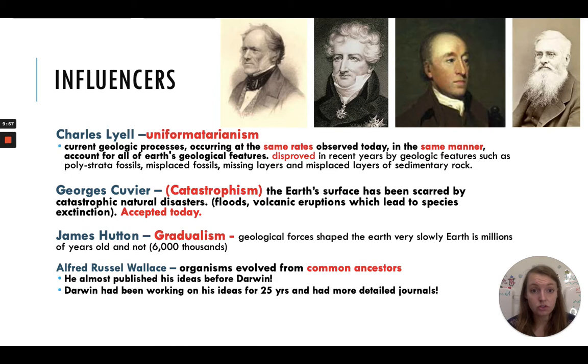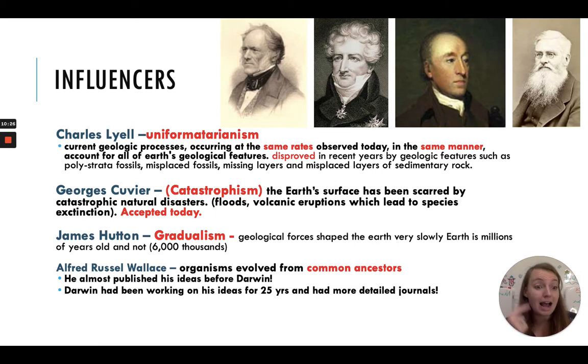Because when he came back from his voyage on the Beagle, I told you he looked at all his specimens, he looked at all of his ideas, and then he did not share them. He came up with a lot of the ideas of the theory of evolution, but didn't tell anyone because they were against what the church proclaimed at the time, and he was afraid of getting kicked out or shunned by society for these ideas.